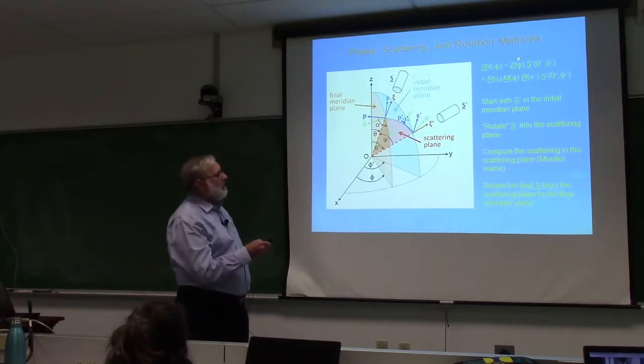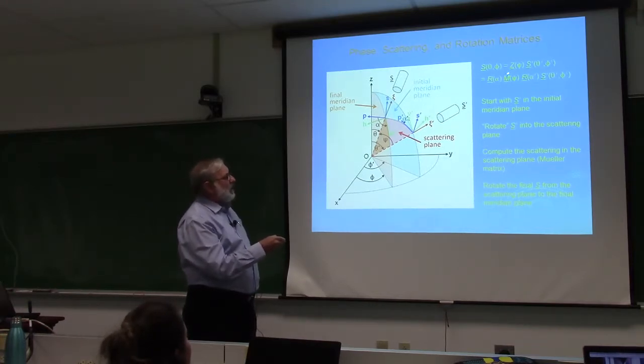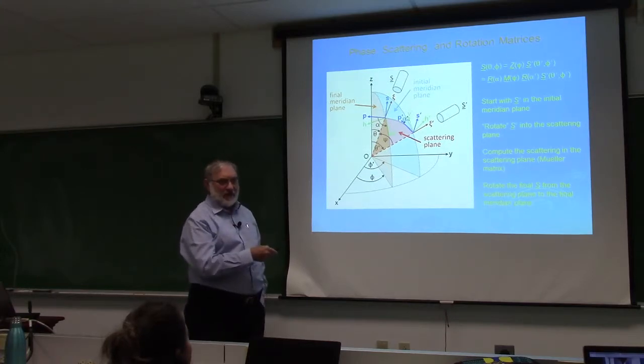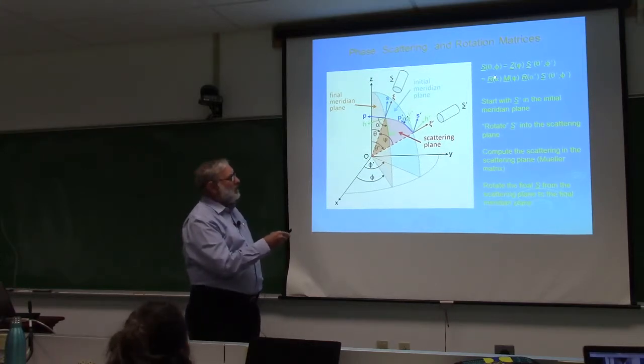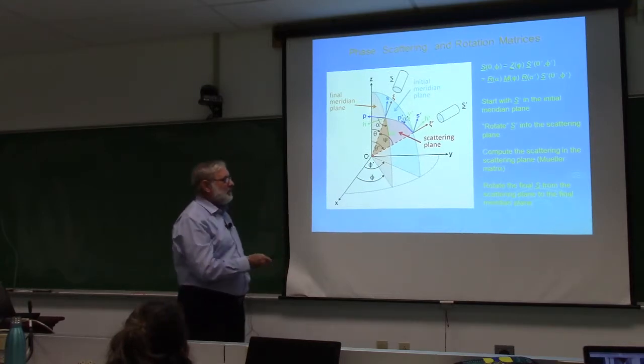So when you have an equation like this, Z is called the phase matrix, and it's the product of actually three matrices. What you're doing here is splitting off the actual physics of scattering from two matrices that take care of the geometry. So that's the idea.